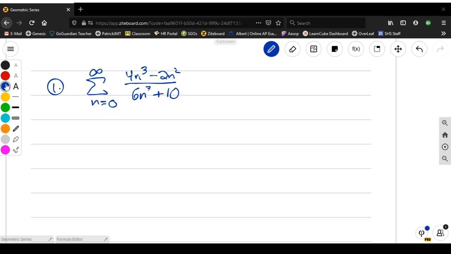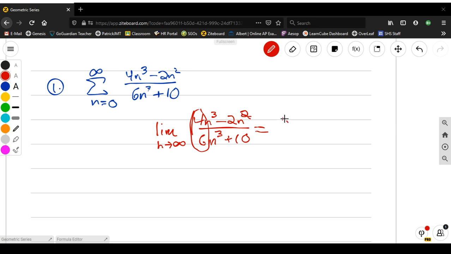Now, if we take the limit of this general term, what's happening to these terms as n shoots out to infinity? We know from pre-calculus, from the methods we learned with limits at the beginning of the year, that because the two degrees are the same, the limit is the ratio of the two leading terms, 2/3.